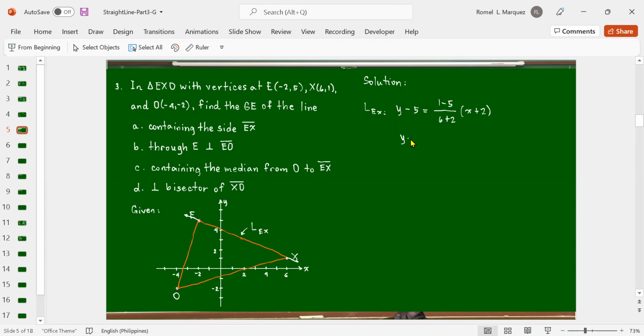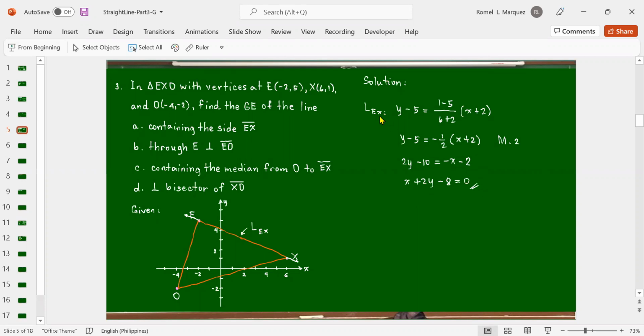Simplifying, y minus 5 equals negative 4 over 8, so that is negative 1/2. Is that right, guys? So times 2, getting 2y minus 10 equals negative x minus 2. Finally, in general form, x plus 2y minus 8 is equal to 0.